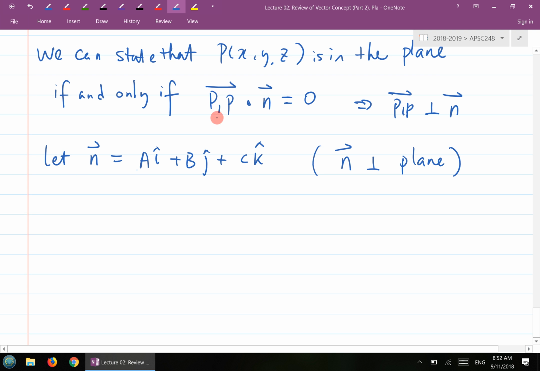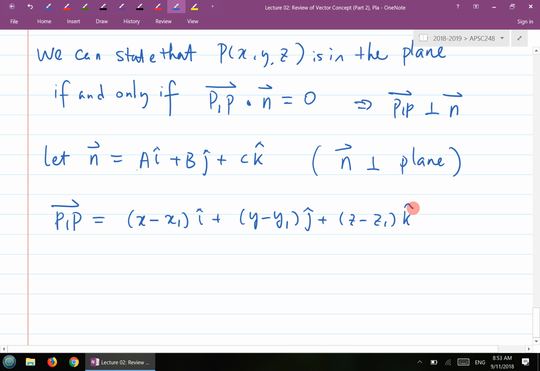So now I'm going to apply a simple dot product concept here. So let's first calculate what's P1P. So P1P equal to (x minus x1) i hat plus (y minus y1) j hat plus (z minus z1) k hat.